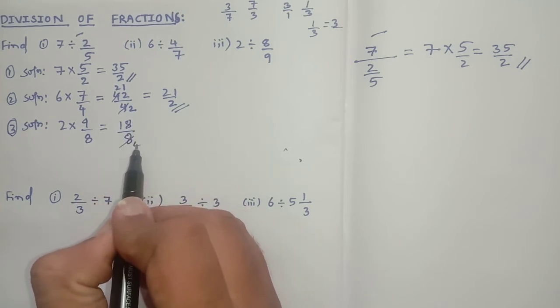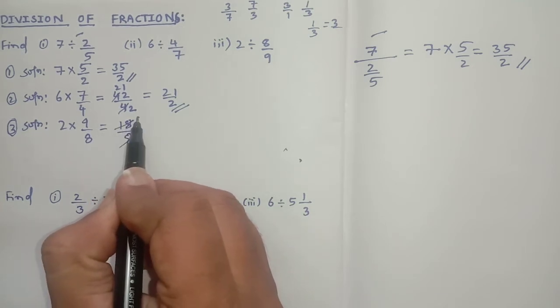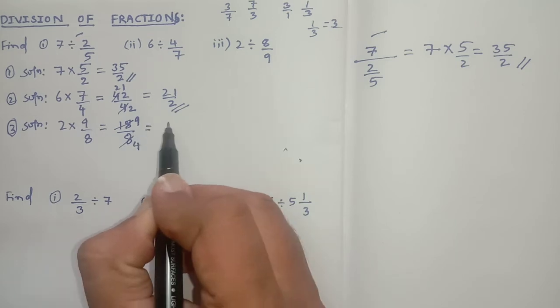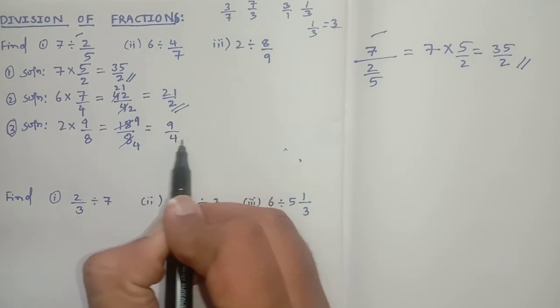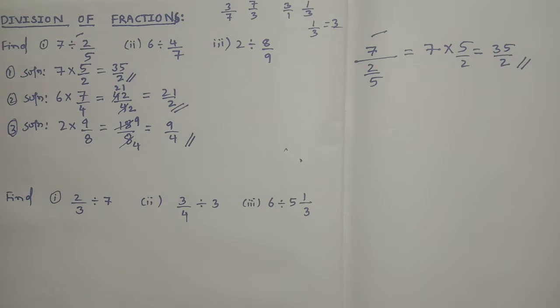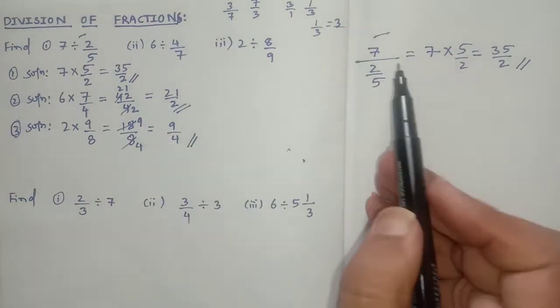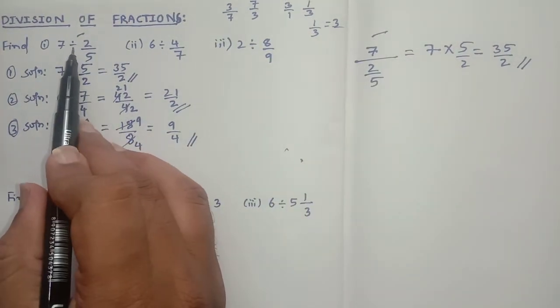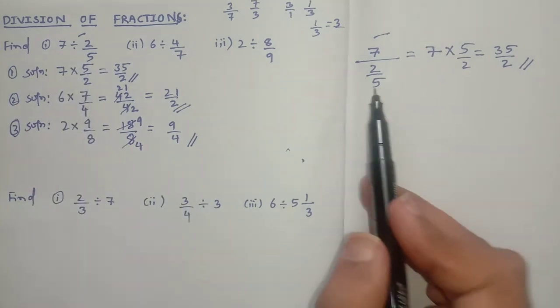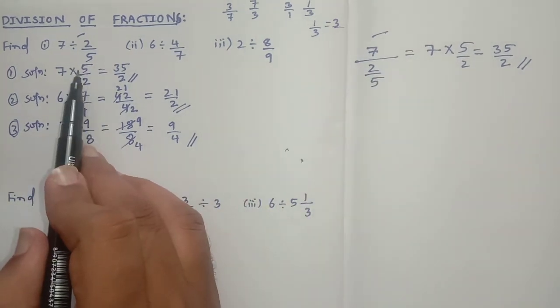Now 2 4s are 8, 2 9s are 18. Answer will be 9 by 4, student. Keep in mind, this one and this one have the same meaning. If it is like this, then also we have to solve like this only.